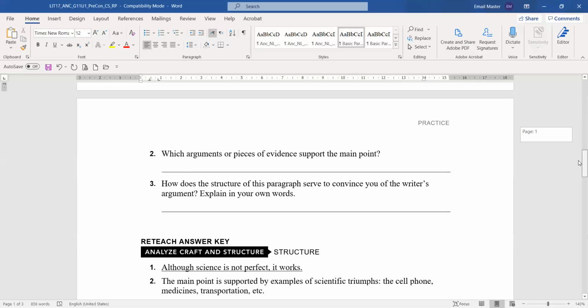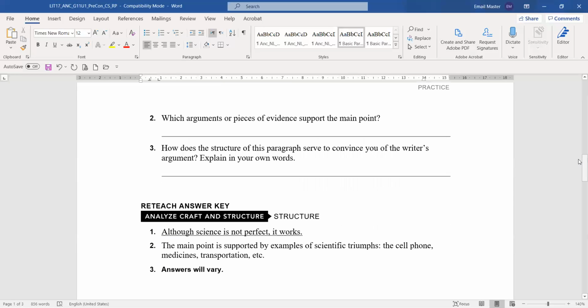If we look at the answer, the main point is supported by examples of scientific success: the cell phone, medicine, transportation, etc. So the writer gives examples of these successful scientific inventions. And number 3, you can explain this in your own words. How does the structure of this paragraph serve to convince you of the writer's argument?